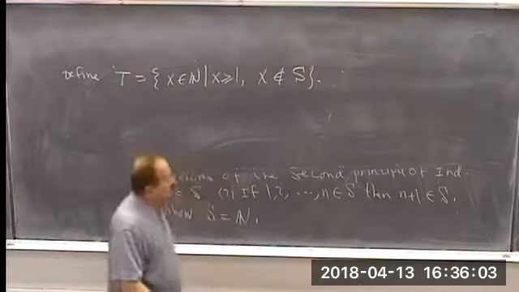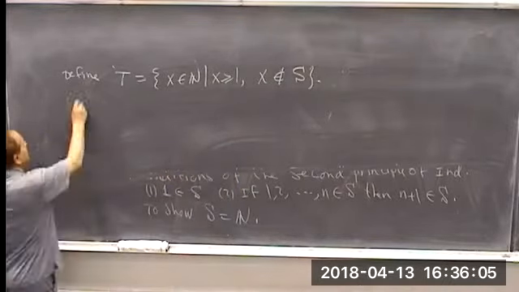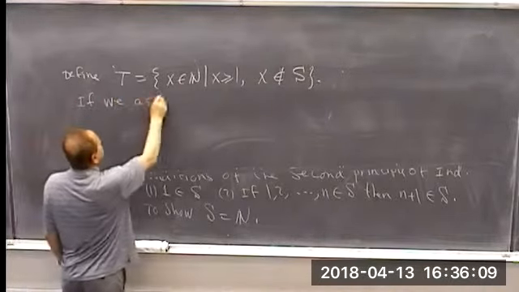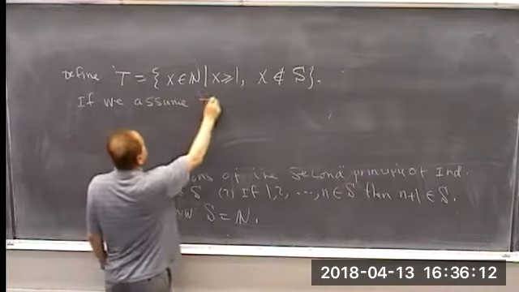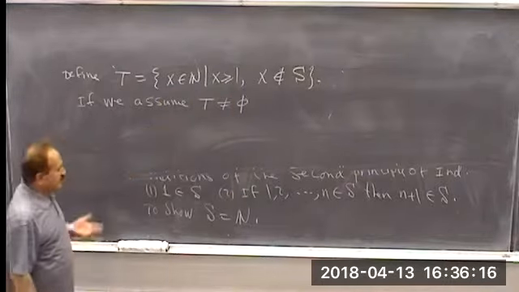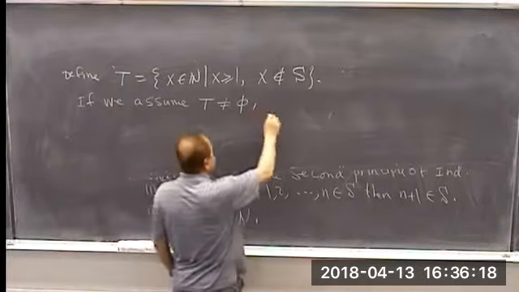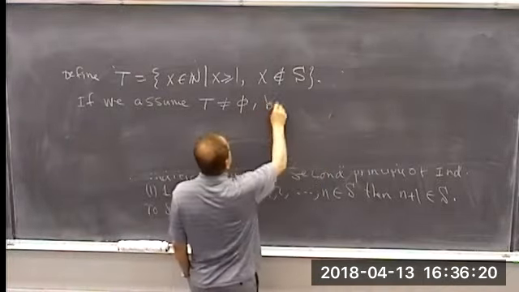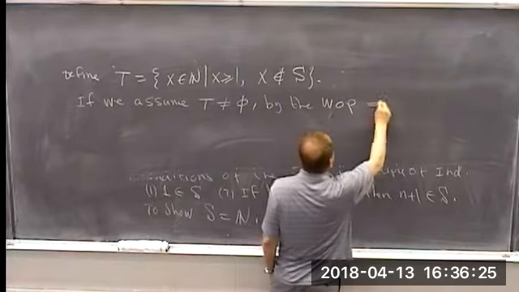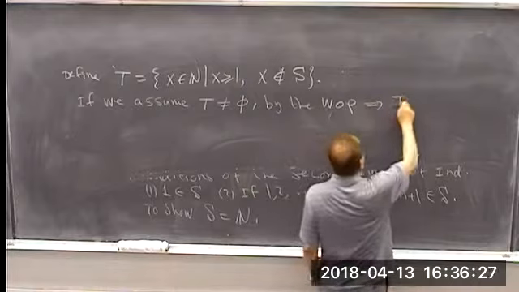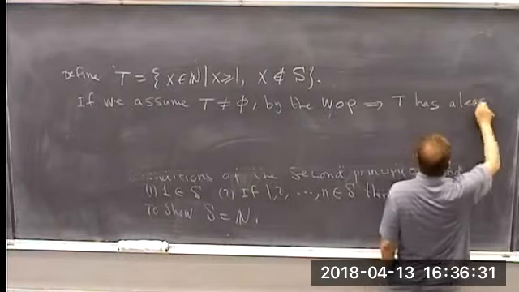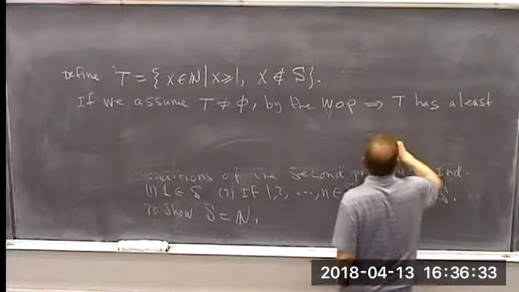All right. Now, again, if we assume T is not empty, but by the well-ordering principle, we are assuming it's true, it implies T has the least element, or smallest element.